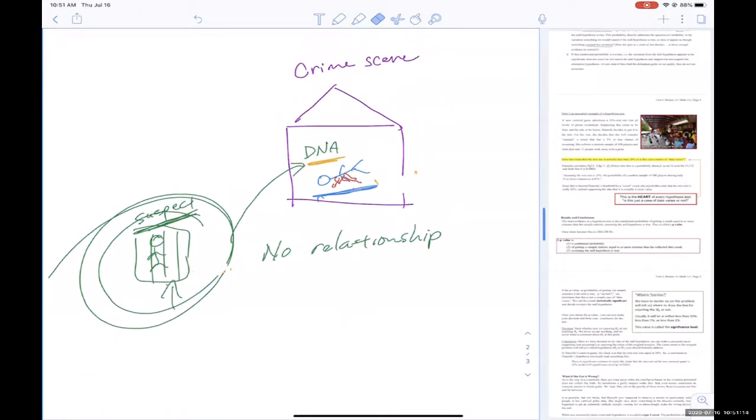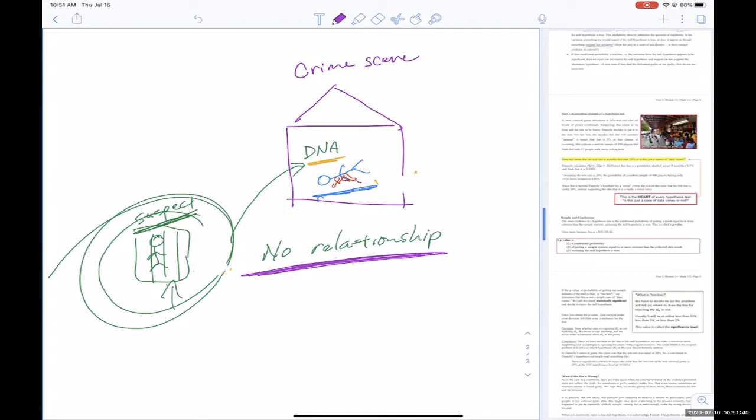So we caught a suspect. There was a crime scene and a person was murdered at their home, and we caught a suspect. But this suspect has no relationship whatsoever, no ties whatsoever.